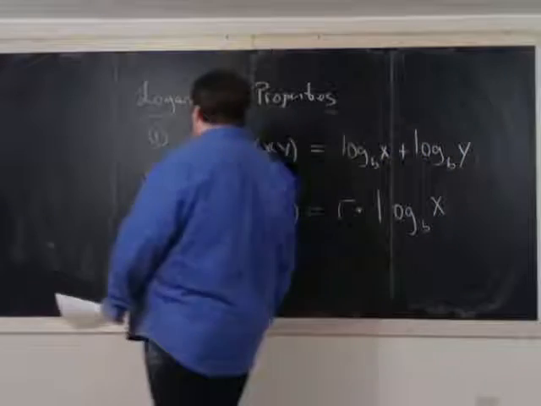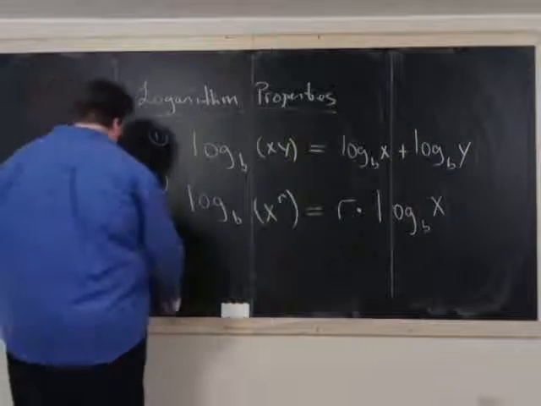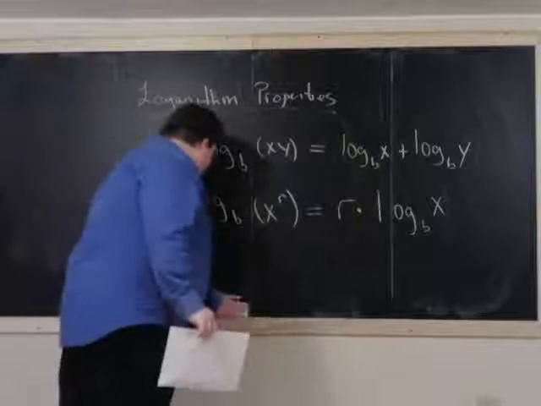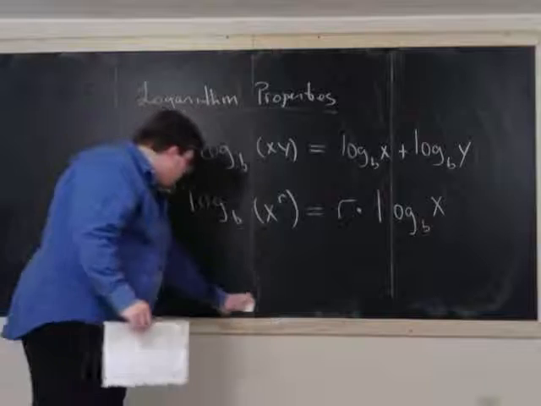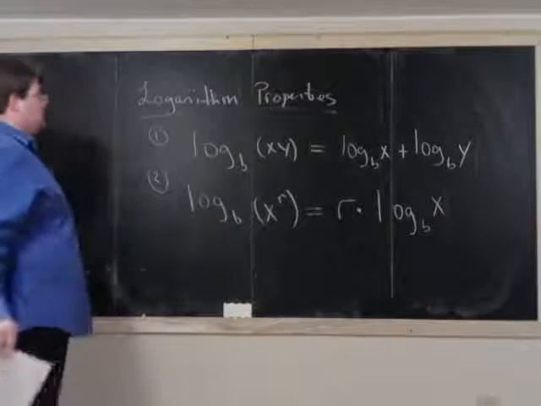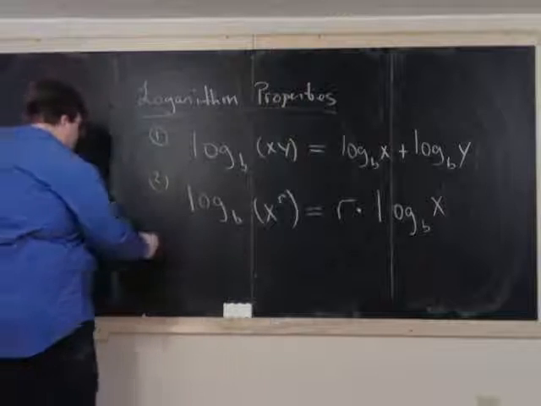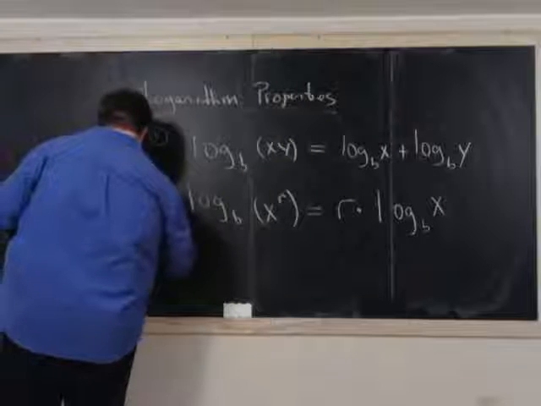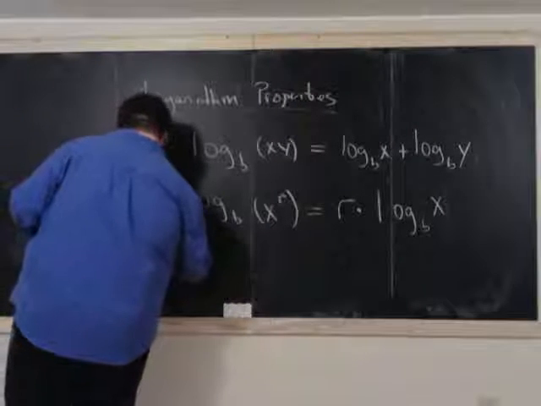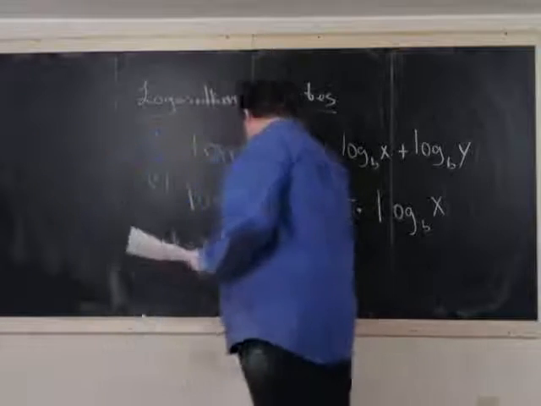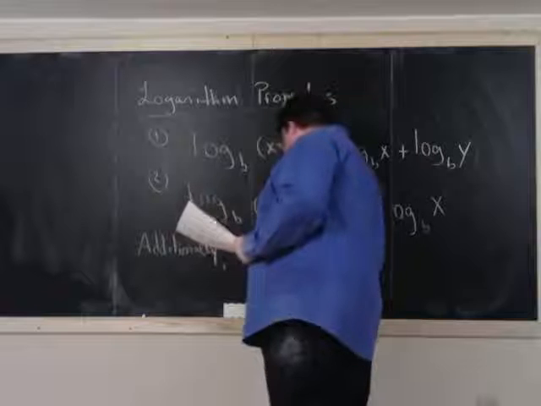Now you can combine these 2 properties to give you a third property. Maybe I won't even call it 3. I might just call it an additional logarithm property, because it is a consequence of this for r being negative. Additionally, we have this observation, which you could view as a property.